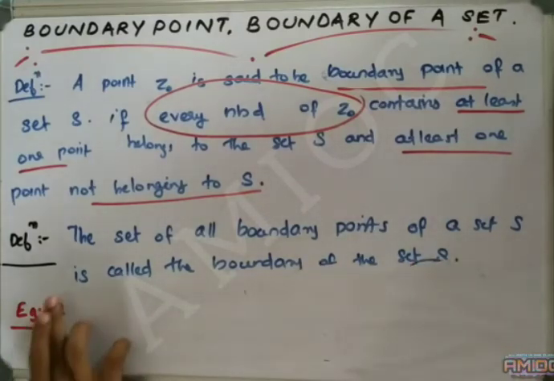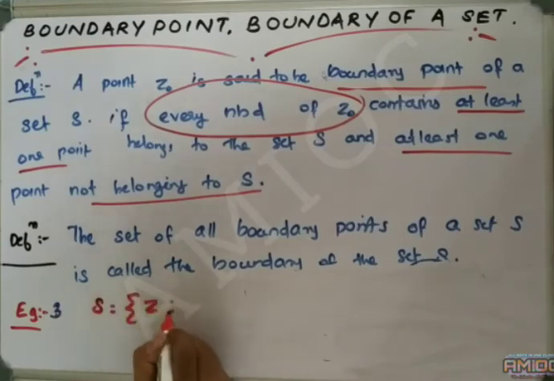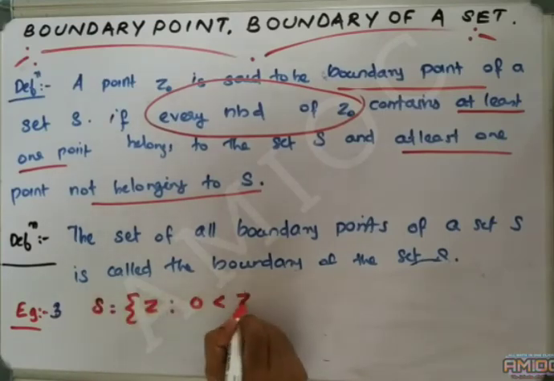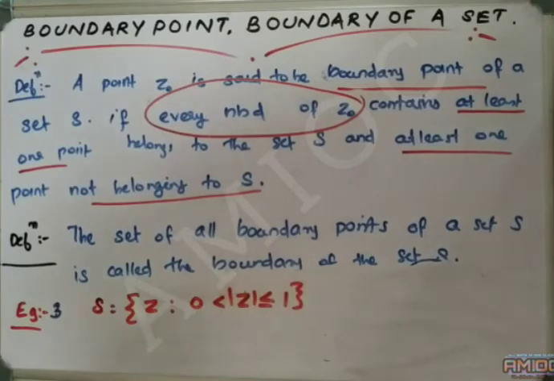Example 3, where the set S is defined by the set of all z satisfying 0 < |z| ≤ 1.